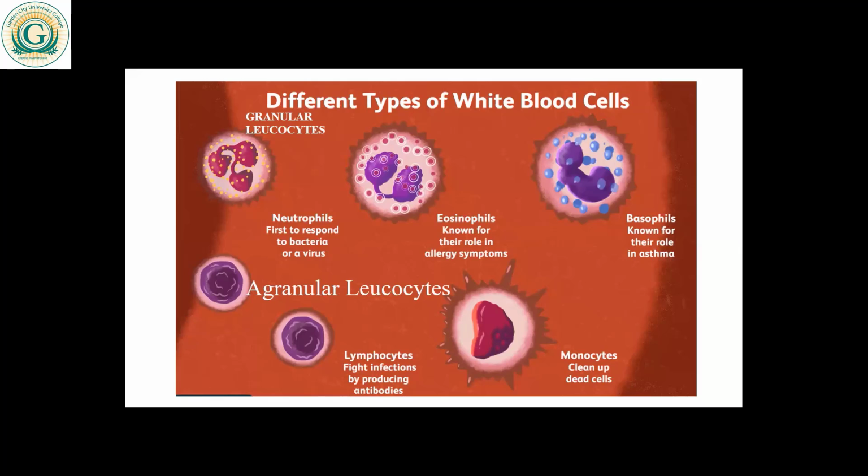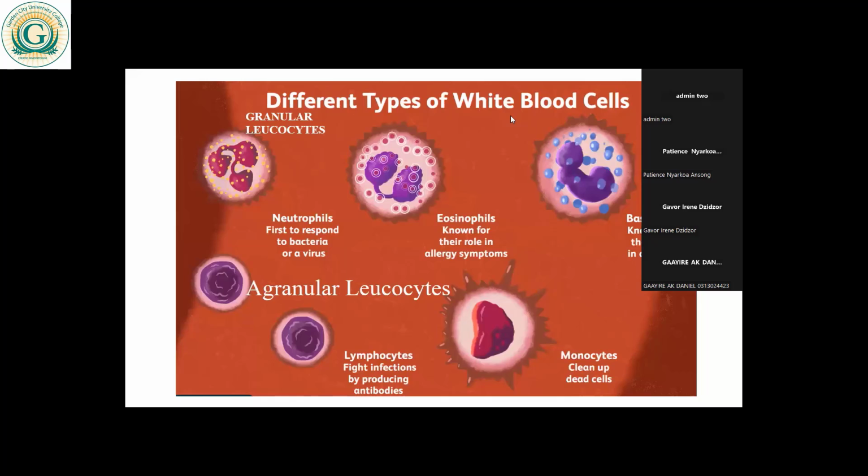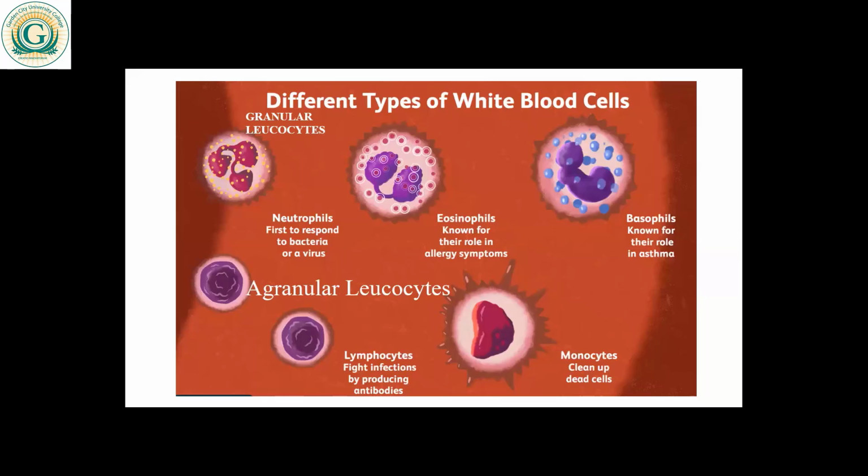but this time around they are useful in the case of asthma. So if there is any asthmatic attack, it is these basophils that tell the body that there is something going on in the body.